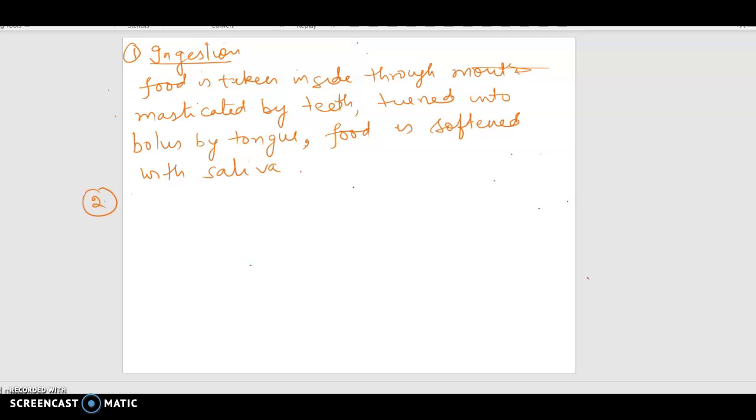Then second part is digestion. It starts in the mouth with the help of the salivary amylase enzyme.